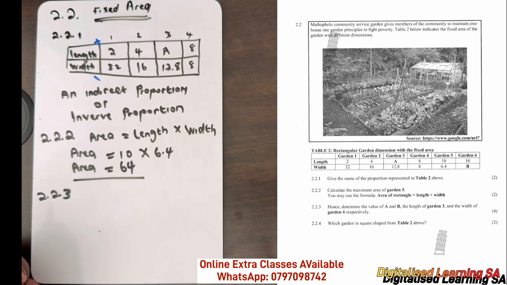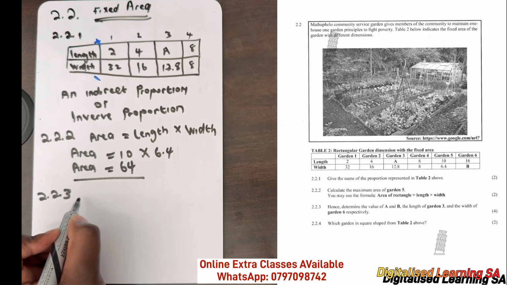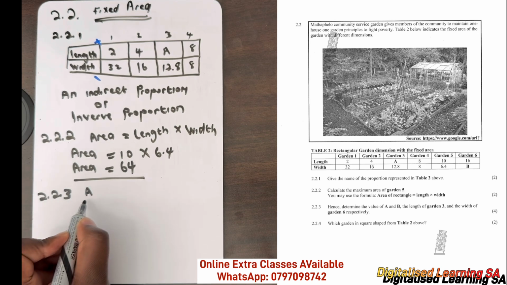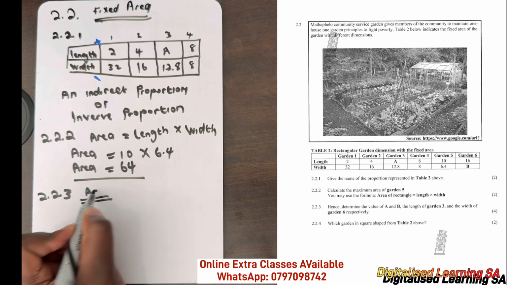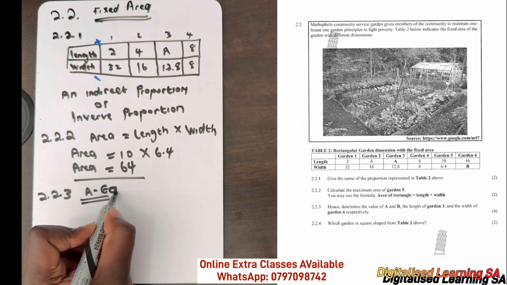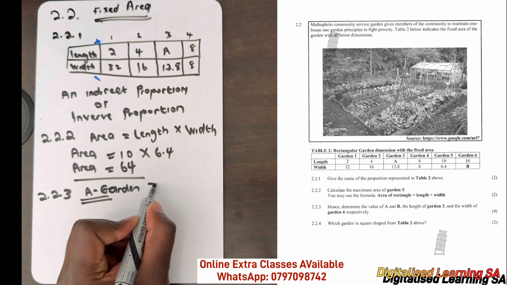So now let's move to question 2.2.3. Question 2.2.3 says: hence determine the value of A and B, the length of garden 3 and the width of garden 6. We'll start with A, for garden 3.